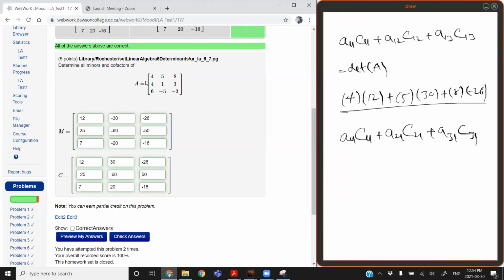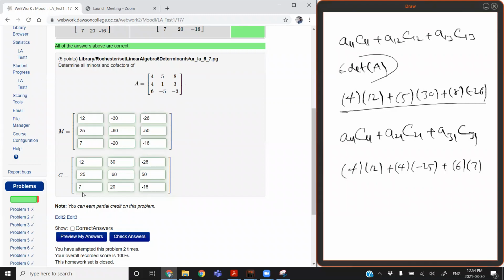So if I do 4 times negative 12 plus 4 times negative 25 plus 6 times 7, that's going to give me the exact same number, which would be the determinant of A. So this is something that we learned before.